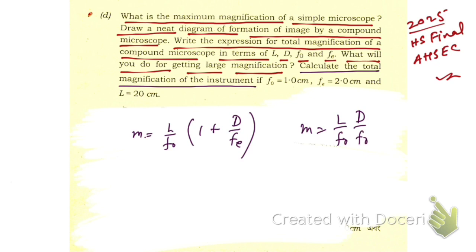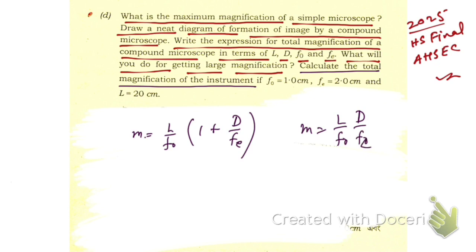Now for magnification we have got that m is equal to L by f naught into 1 plus d by fe. Here we are going to use this expression because it is not given that the image is at infinity. If the image is at infinity, then we should use the expression L by f naught into d by fe, right?